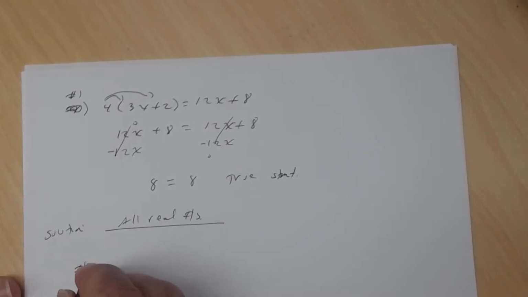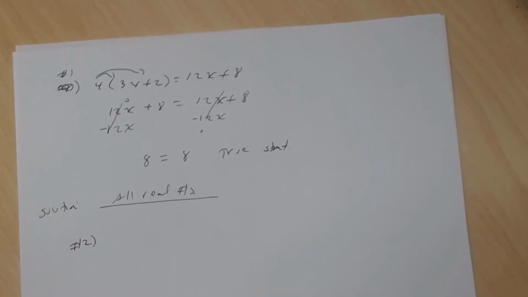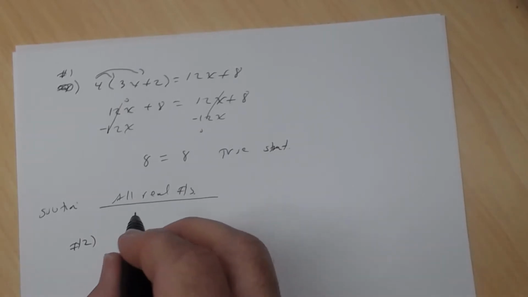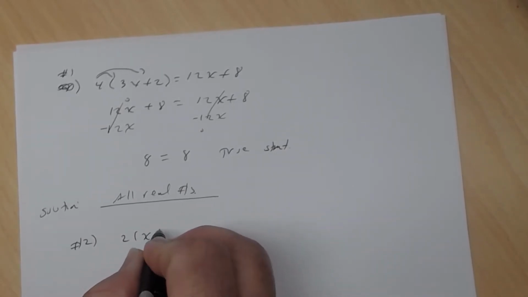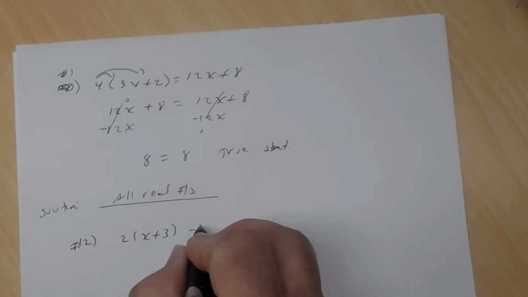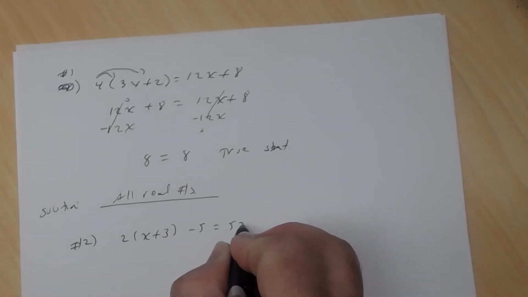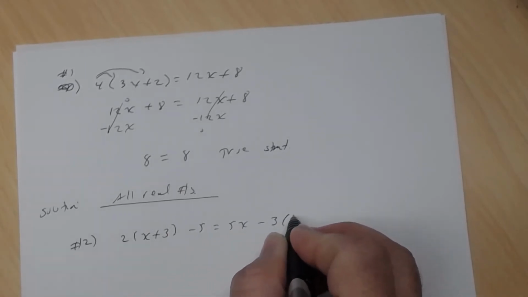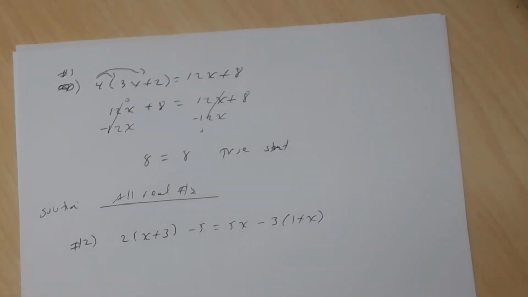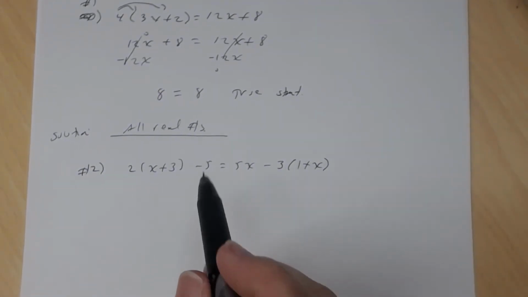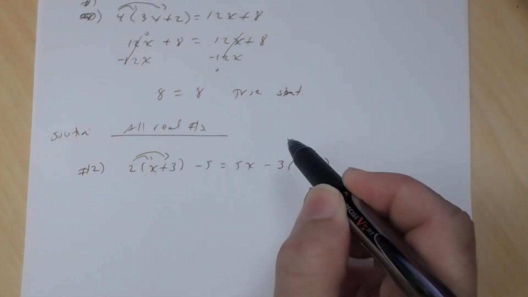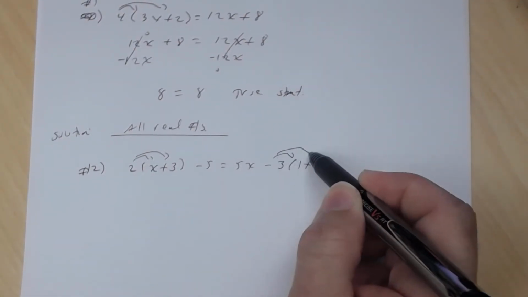All right, let's get number 2. So number 2, let's suppose we had 2 times x plus 3 minus 5 equals 5x minus 3 times 1 plus x. All right, so using distributive property on both sides, and over here we can distribute the negative 3.